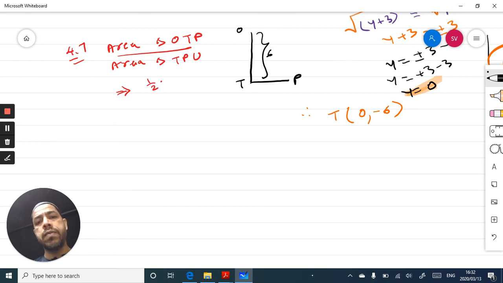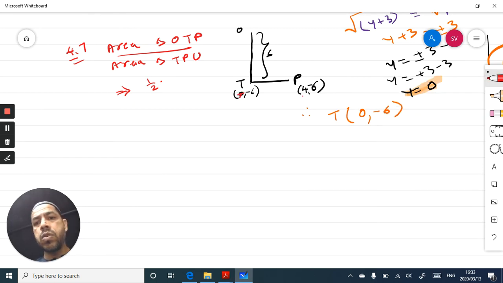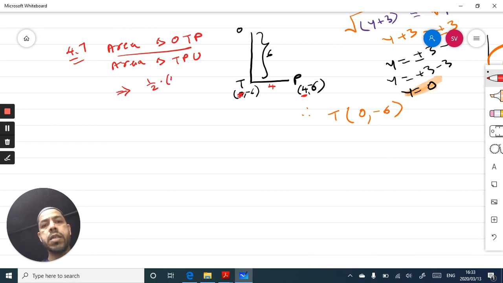And this one, if my coordinate is (0, -6), this coordinate is (4, -6). So that leads me to 0 to 4, which means this is 4 units. So using the formula, half base times height, the base is 4 and my height is 6.